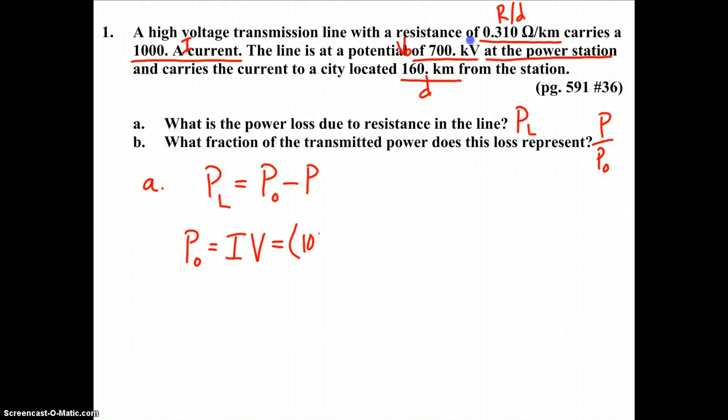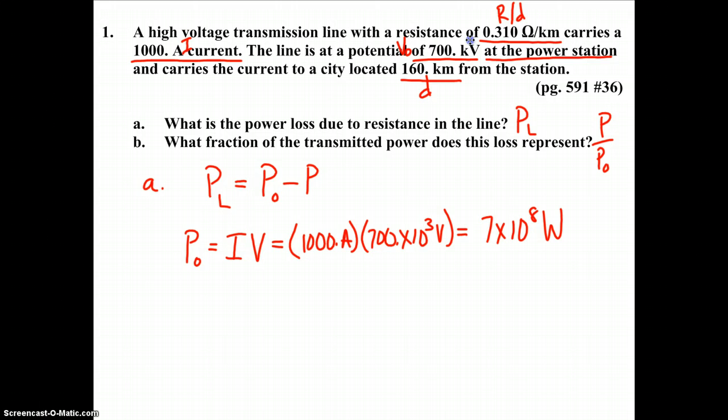We'll substitute in our 1000 amps and our 700, and we need to do kilo. Kilo is times 10 to the 3rd. And this would give us a power of 7 times 10 to the 8 watts.